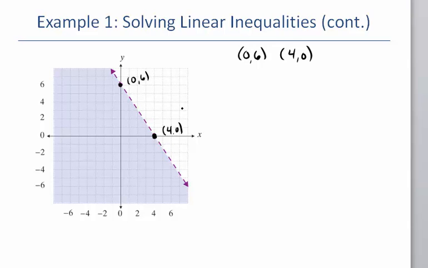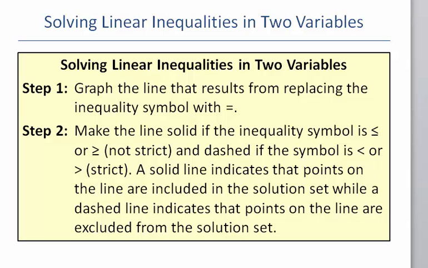And we're either going to connect those 2 points with a dotted line or a solid line. And remember, when we look back at our steps, how do we know which of it is that we're using? It says make the line solid if you have a less than or equal to or a greater than or equal to. Make it dashed if you have less than or greater than.